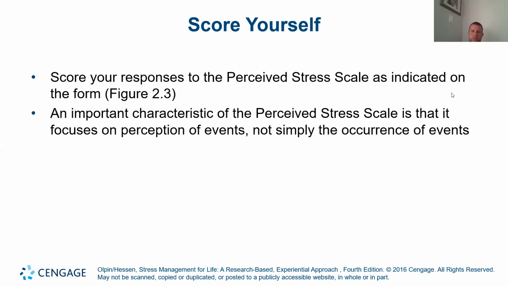Again, the perceived stress scale is your perception of events, right? And that's always important to remember, I think, sometimes when you can realize that you are perceiving an event rather than the event itself. Now again, there are certain events that are just huge. The death of somebody close to you is huge, right?